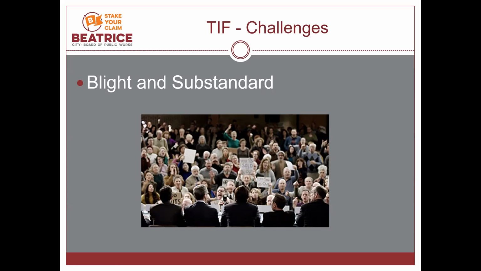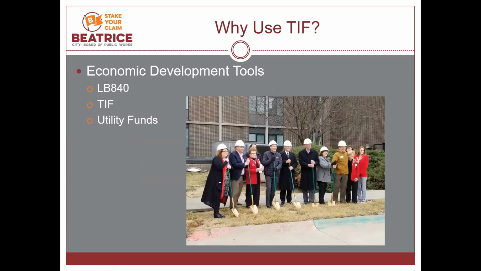On the next slide, we talk about, why do we use TIF here in Beatrice? We start looking at economic development tools that are available. There's not a lot that are out there. We have LB 840, and yes, we have $500,000 in funds there that we can use for various projects. But you start talking some of these projects, that's just not a lot of money.